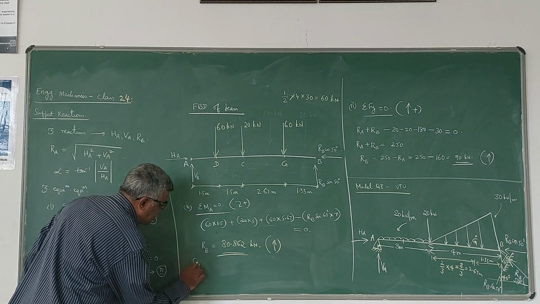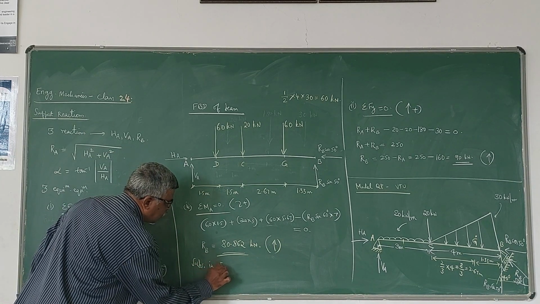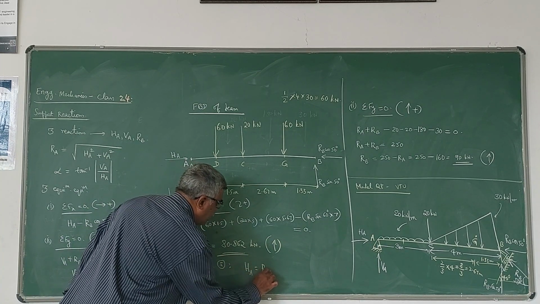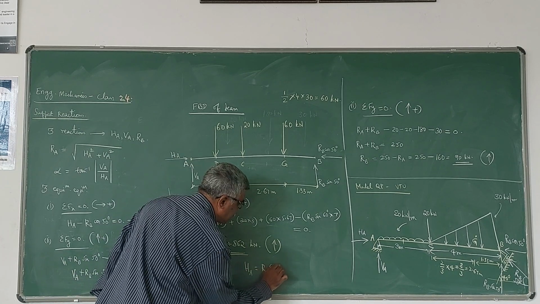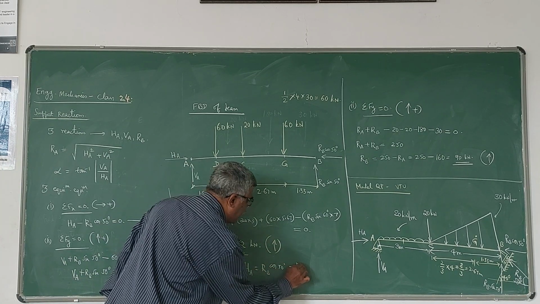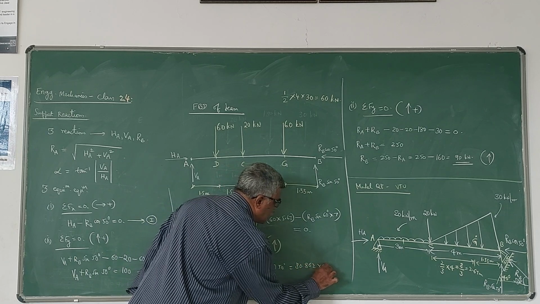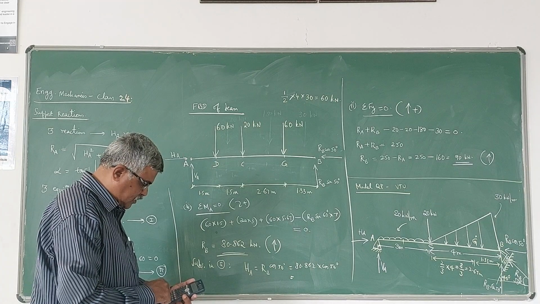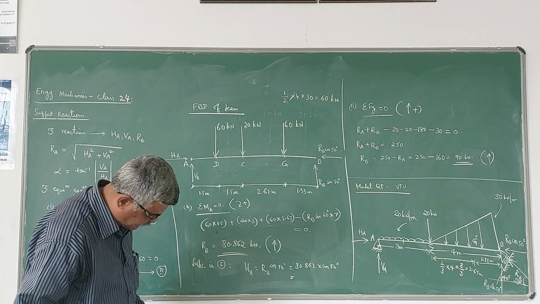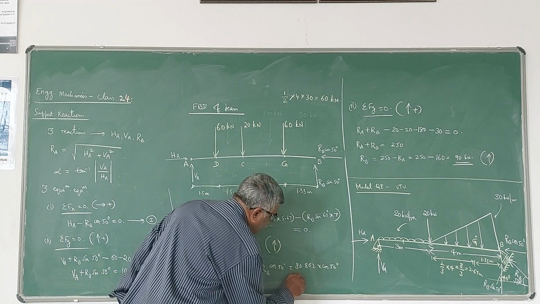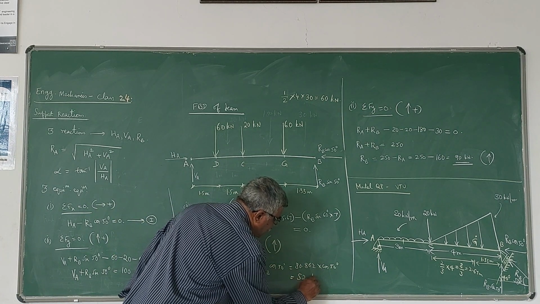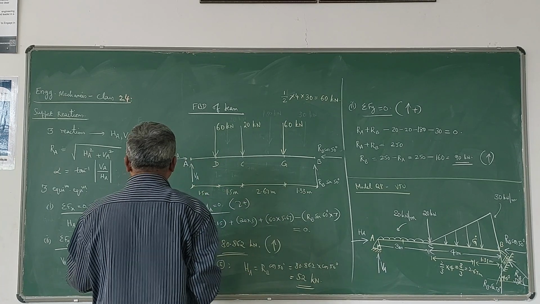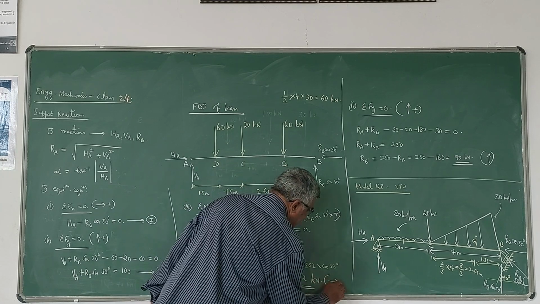So substituting in 1 for RB, HA is equal to RB cos 50, so it is 80.862 into cos 50 degrees, which is 51.977, or you can take 52 kilonewton. Of course, this value is positive, that means your assumed direction of HA is correct.